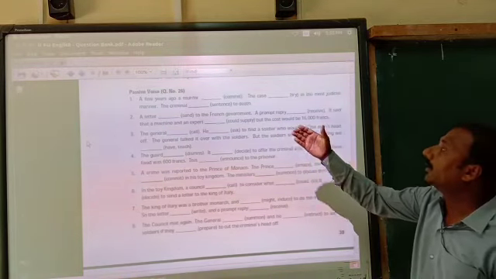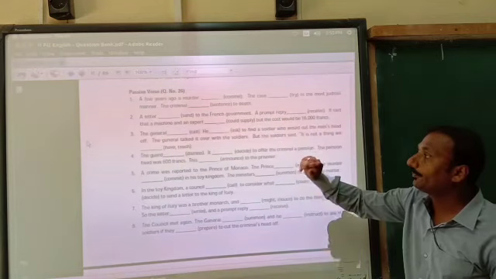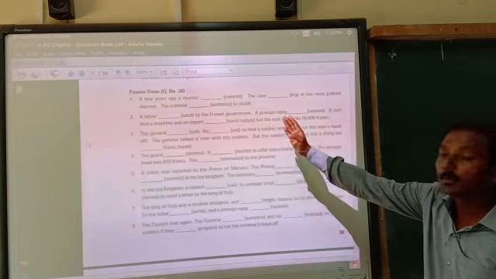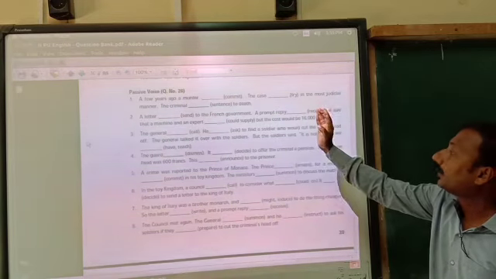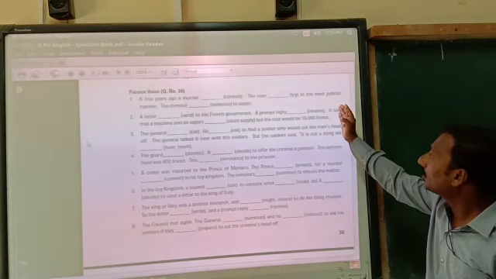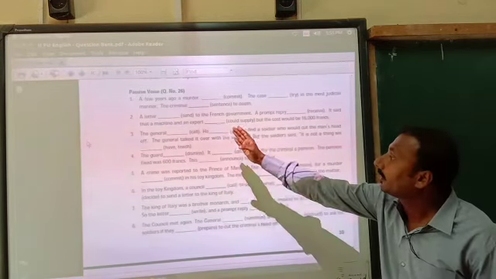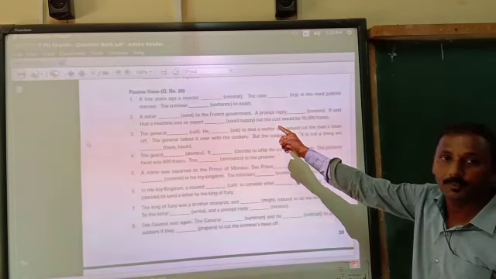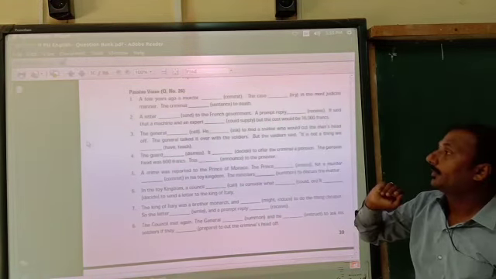And this is your question number 26. A few years ago, a murder dash in bracket commit. The case dash tried in the most judicial manner. The criminal dash in bracket sentenced to death. So this is a question.